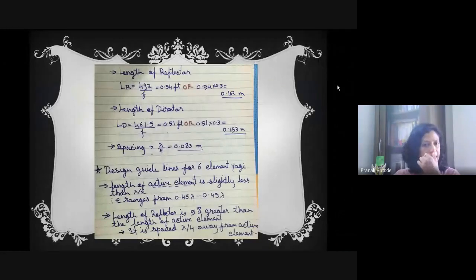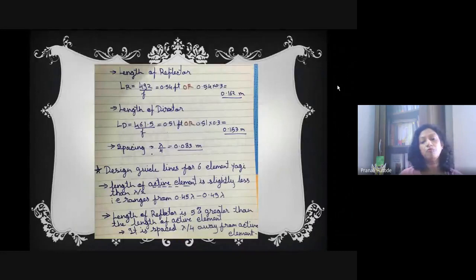But before going to the design of a 6-element Yagi antenna, let me discuss some guidelines with you. The very first one is that the length of the active element is slightly less than lambda by 2.